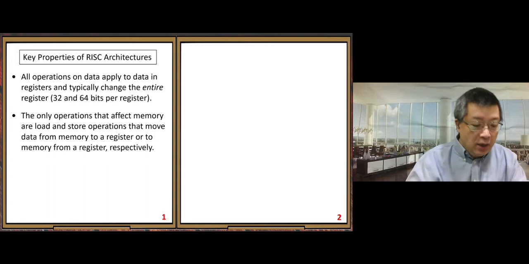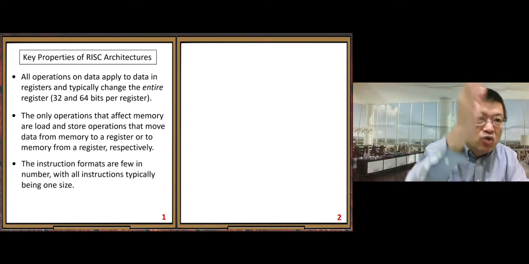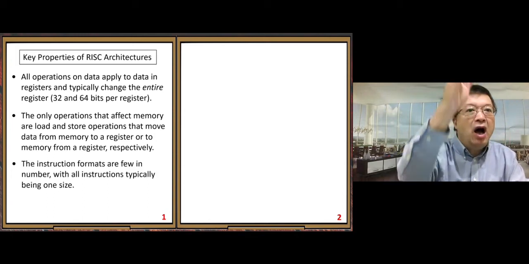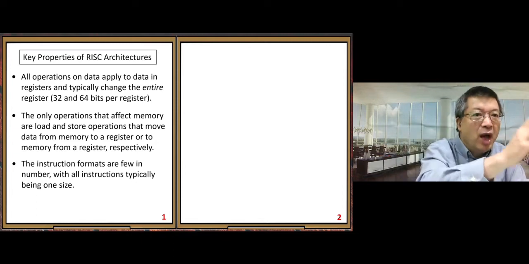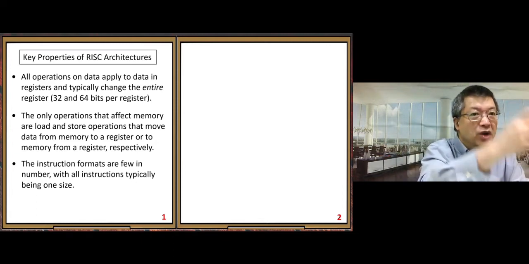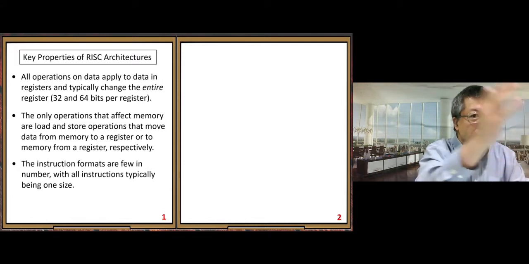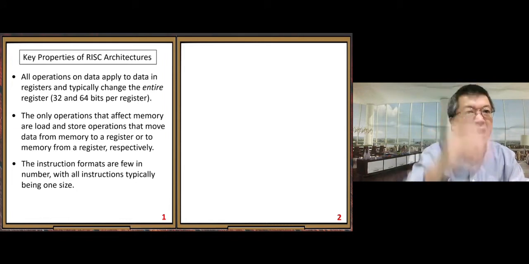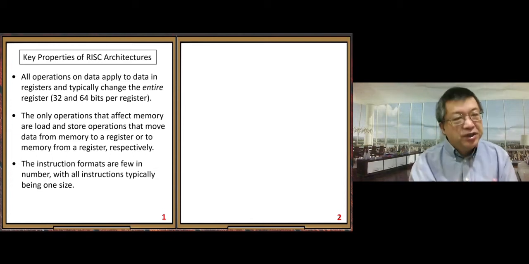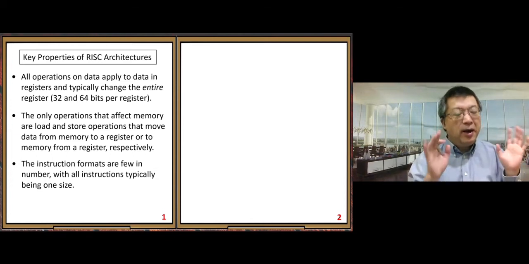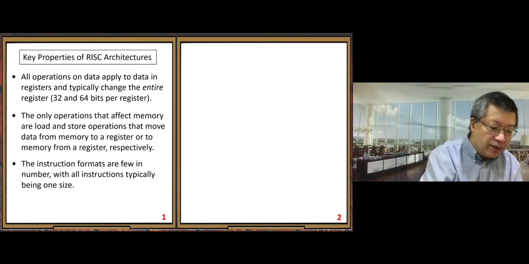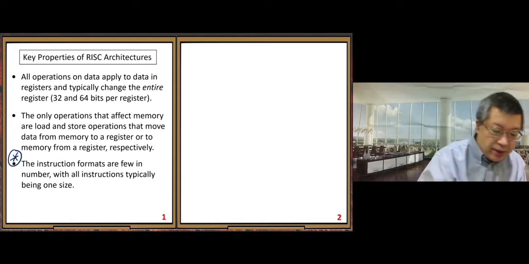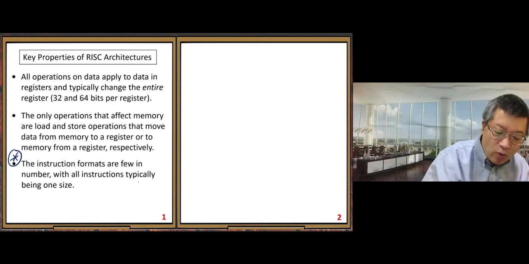Next one, the instruction formats are few in number, with all instructions typically being one size. Fixed. But this is probably a little special here, because typically, being one size, right?